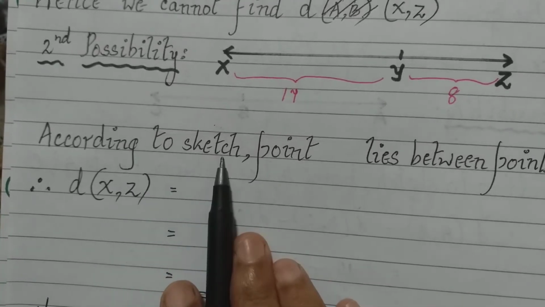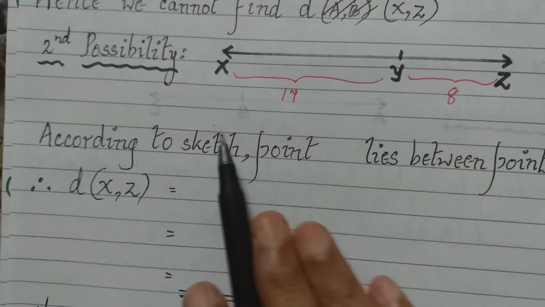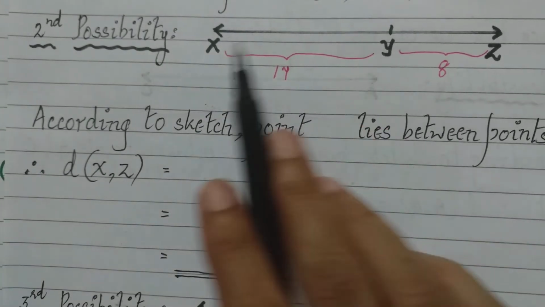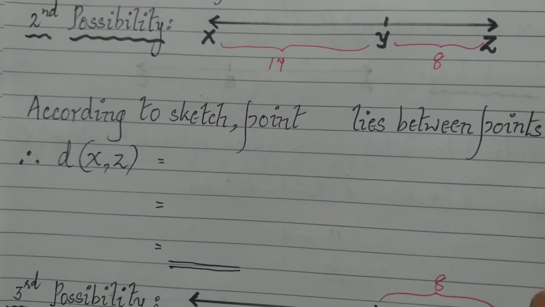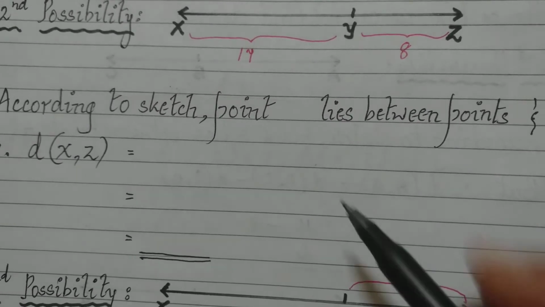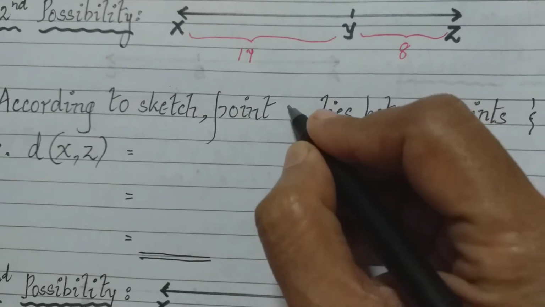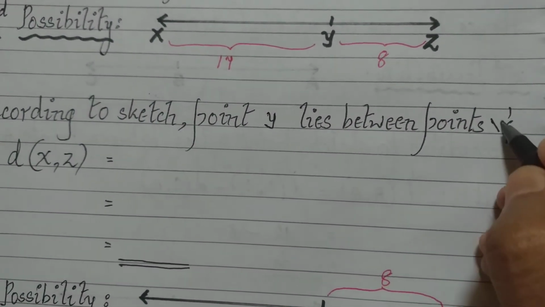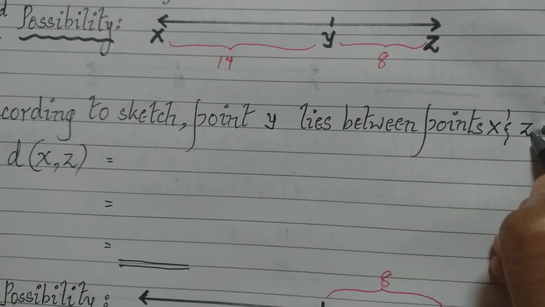So according to the sketch, what happens? Which point lies between the other two? Do you see here this point y lies between the points x and z. So I write here according to sketch, point y lies between the points x and z.